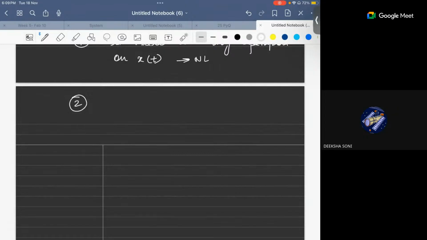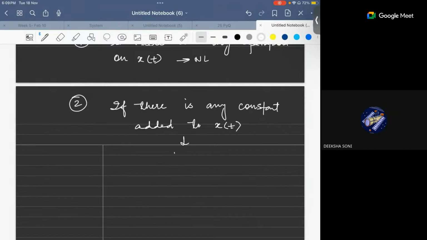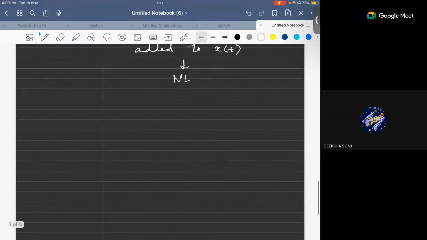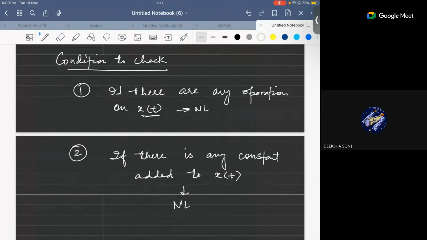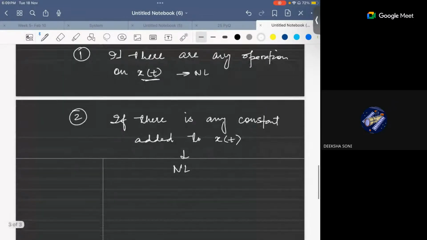The second condition is if there is any constant added to x(t), that will make the system non-linear. So two things I told you. Any operation on x(t), not on t, on x(t), will make the system non-linear.